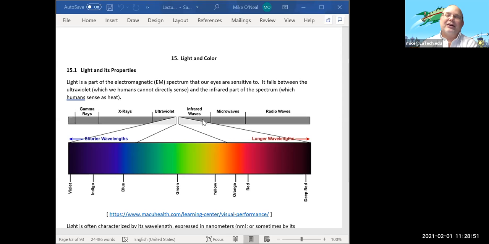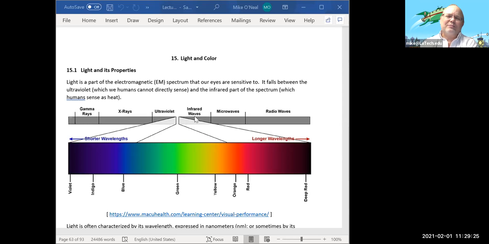If the infrared gets too intense, it can harm you physically. It can burn you, and so the pain sensors kick in. But before we get to pain, we can feel warmth. You just don't have any kind of focusing mechanism. So you can't see infrared, but you can sense it through heat.